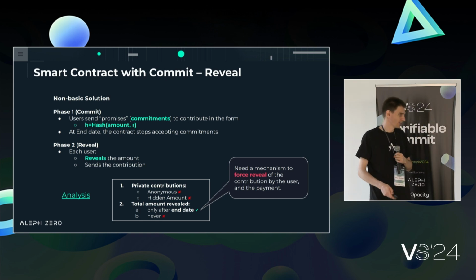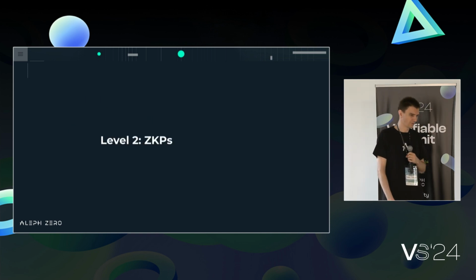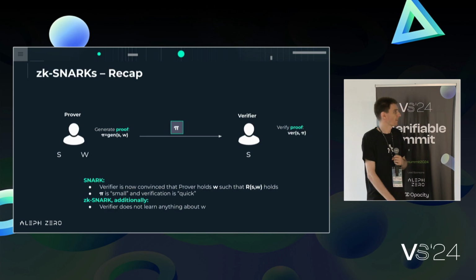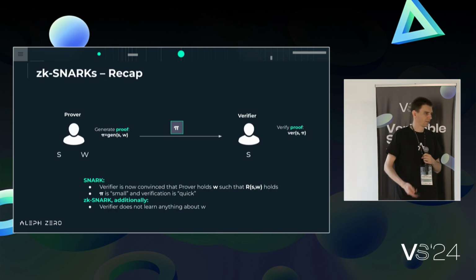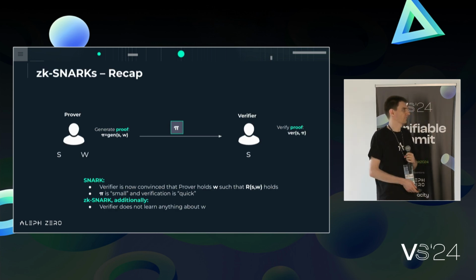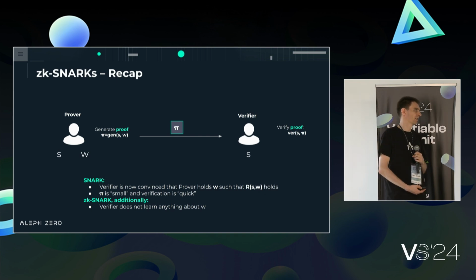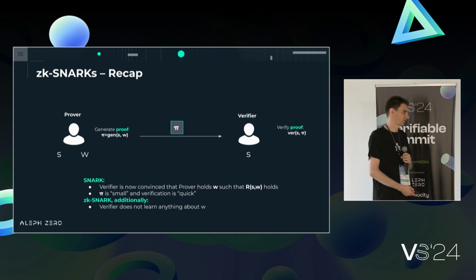So to improve upon that, we need to go to the realm of zero knowledge proofs. Here is a short recap of what we are looking at. So there are SNARKs. And with SNARKs, we can prove that some kind of relation is satisfied, given an input with a statement and a particular witness the prover holds.